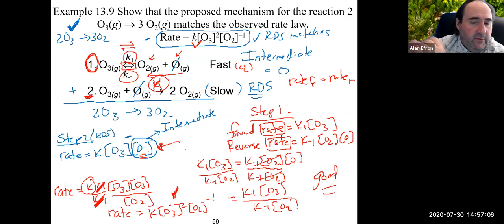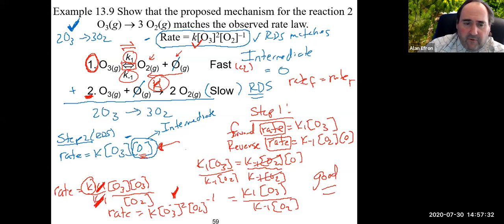But when you're dealing with mechanisms, and more specifically elementary steps, you can and should use the coefficients as the exponents. But you should not use those coefficients as the exponents anywhere else. Think about it this way: it's only specific to mechanisms. You should use those coefficients as the exponents.